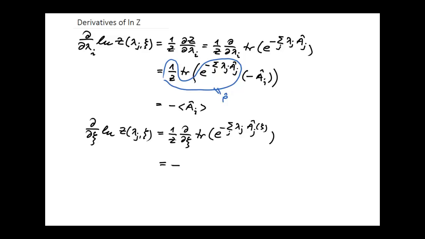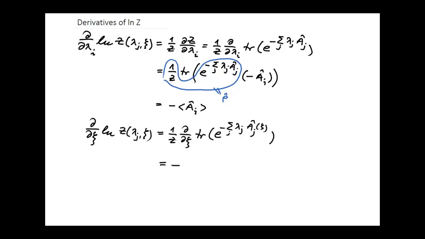Once again, afterwards, you have the 1 over Z times the exponential, which you identify again as rho. So you have a trace of rho times the inner derivative of the exponent, which is nothing but the expectation value of the inner derivative of the exponent.